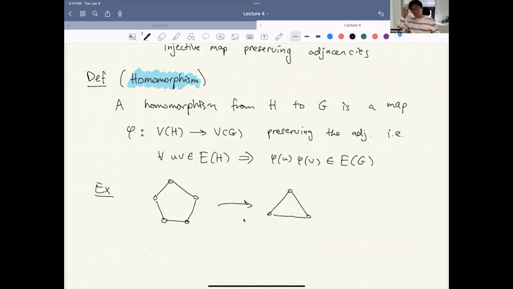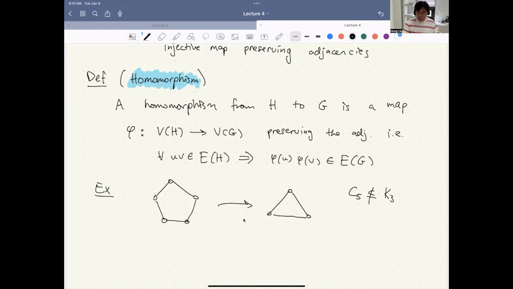So obviously, C5 is not a subgraph of C3 or K3, the triangle. But we can have a homomorphism from C5 to K3. So you don't have a subgraph map, an injective map, but you have a map.